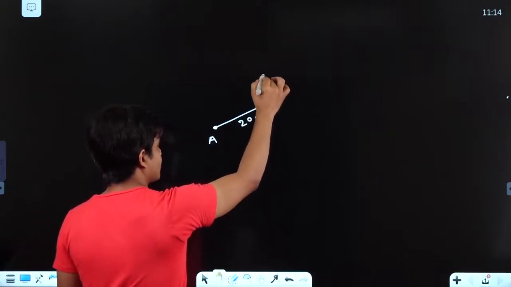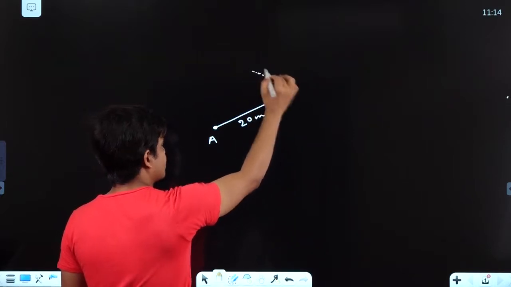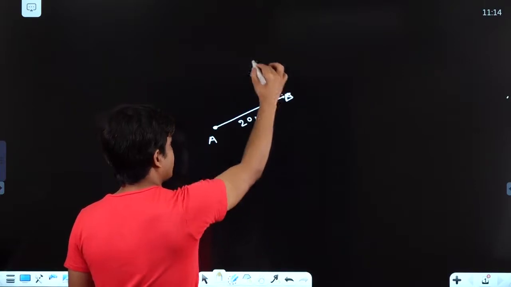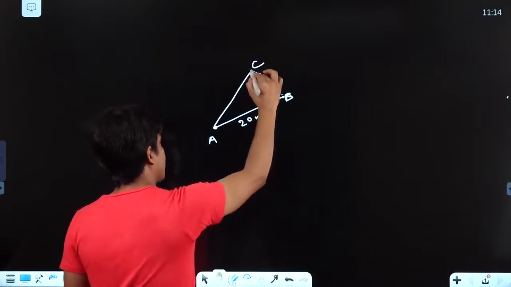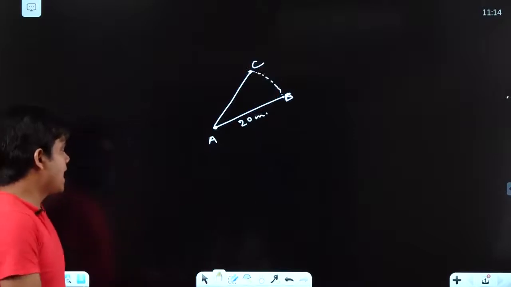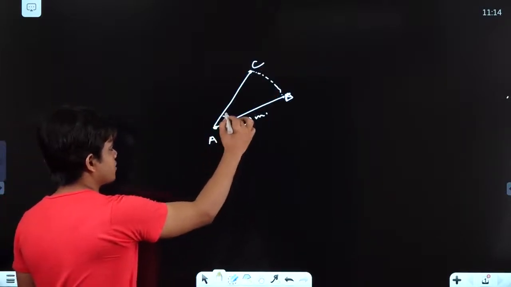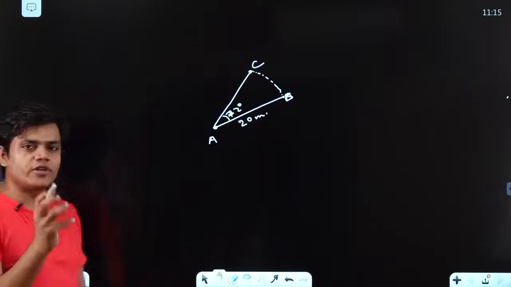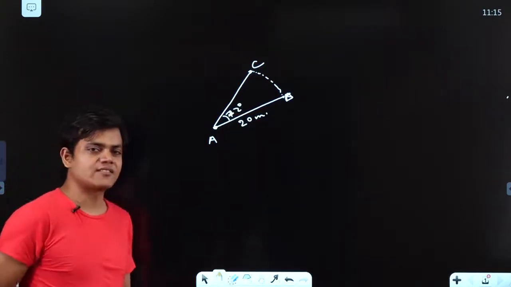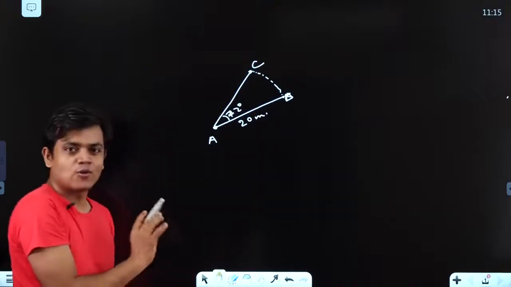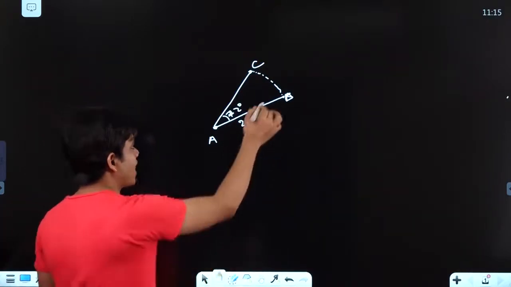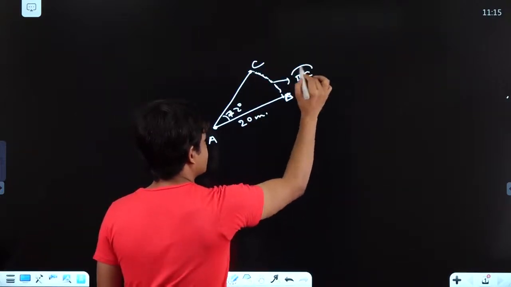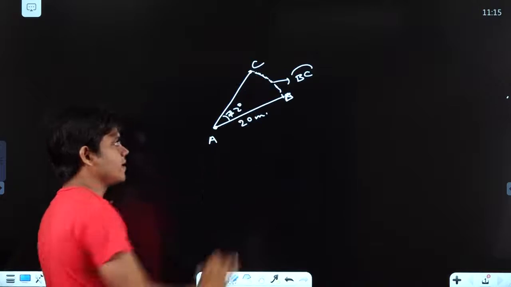If this is A, this is B, and this is C, and the horse reaches the point C in a circular way, and the angle subtended by the horse is 72 degree, then you are going to be asked what distance the horse has traveled. What does this mean? This means you have to find this arc length BC.